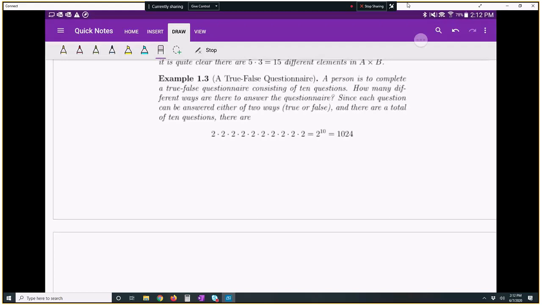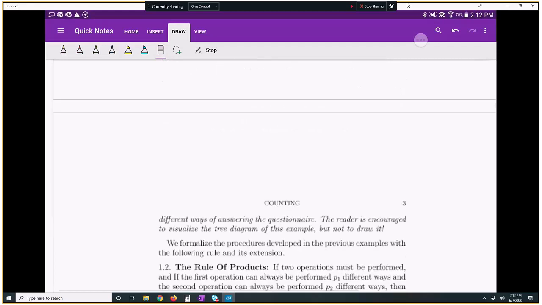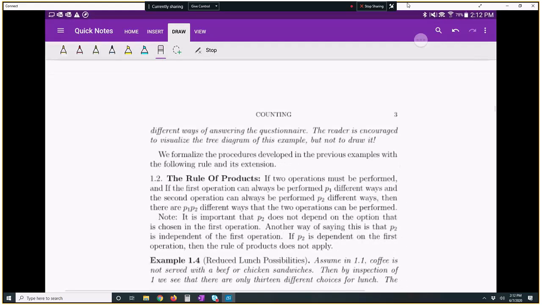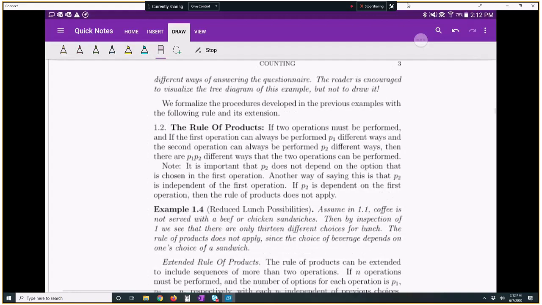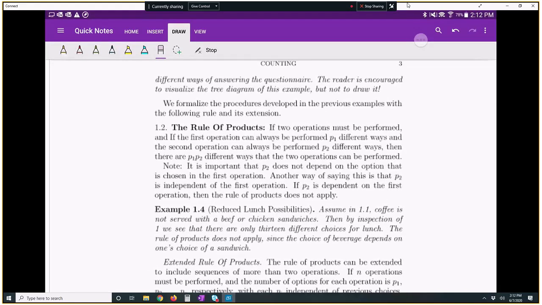So 1,024 different ways to answer the true-false questionnaire. So if you tried to draw a tree diagram for the true-false questionnaire, your tree would end up having 1,024 different branches, so it becomes quickly unwieldy to actually enumerate or to list all of the possibilities.